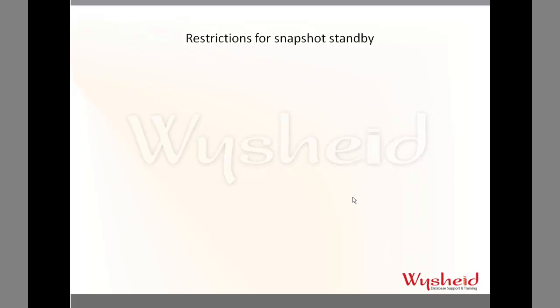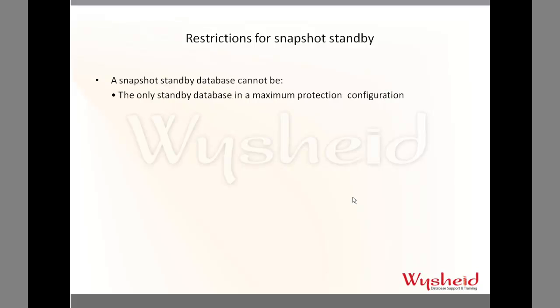Now let's see the restrictions that are applied on a snapshot standby database. A snapshot standby database should not be the only standby database in the maximum protection configuration, and it should not be the target of switchover or failover.